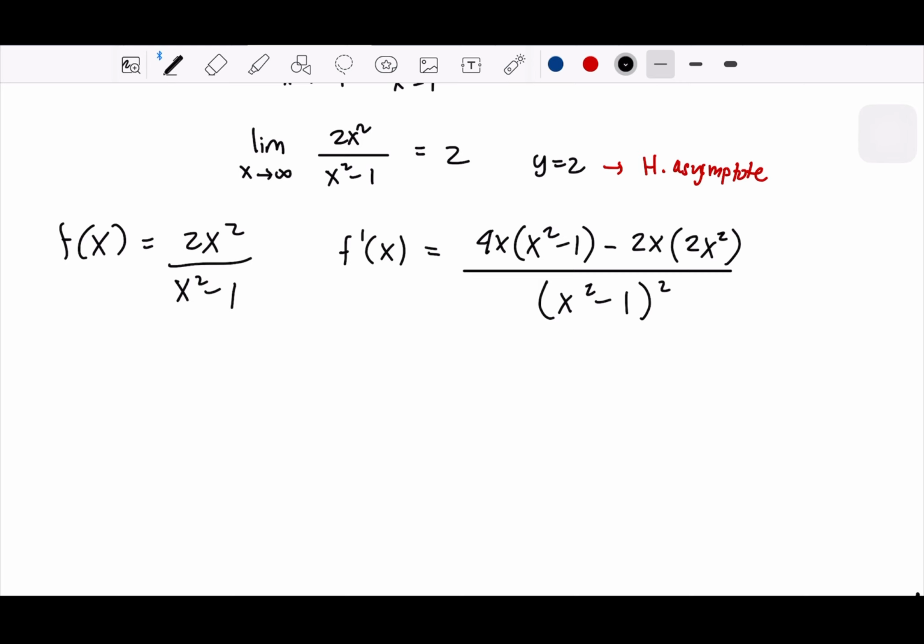We can solve this if you want, but we can also rewrite this as 2 plus 2, and do the same thing for the derivatives.